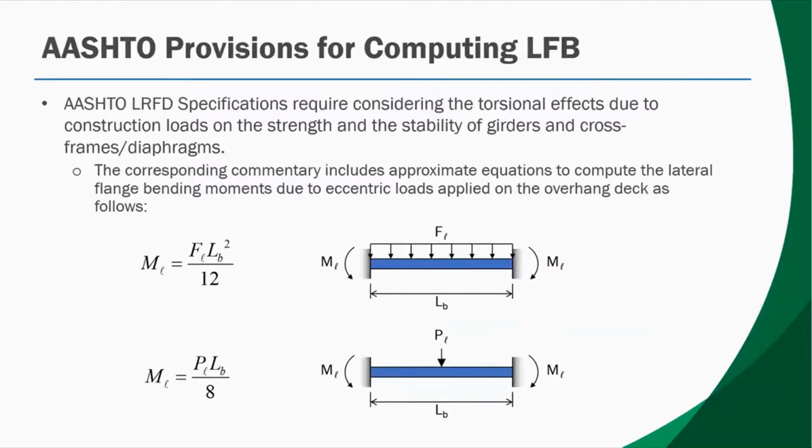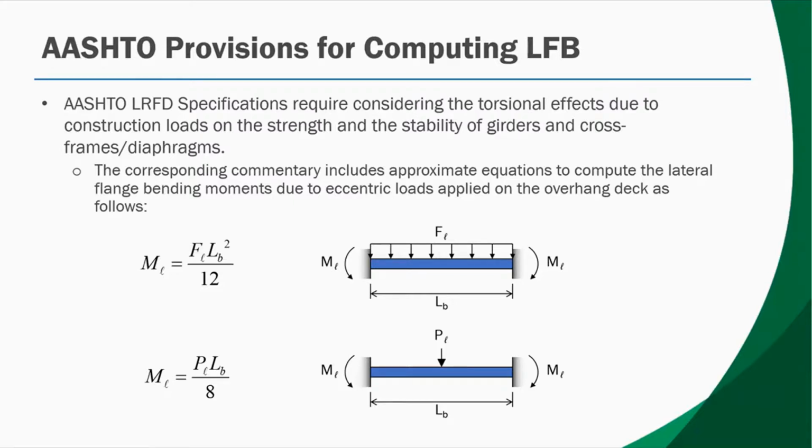Fortunately, AASHTO LRFD specifications provide some very simple plug and chug formulas for the engineer to use in computing lateral flange bending in exterior girders. The corresponding commentary in section 6.10 of the AASHTO LRFD specifications provides very simple plug and chug expressions for determining the lateral flange bending in an exterior girder segment, as a function of whether or not you're dealing with distributed loads such as wet concrete weights or concentrated loads such as the weight of the finishing machine.